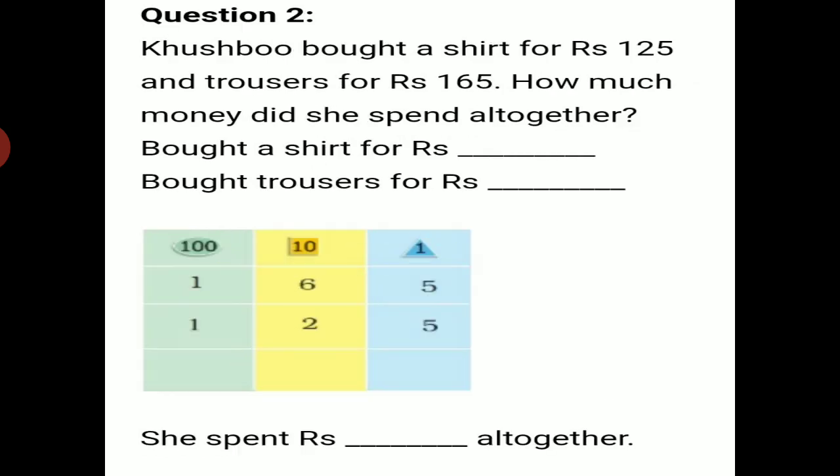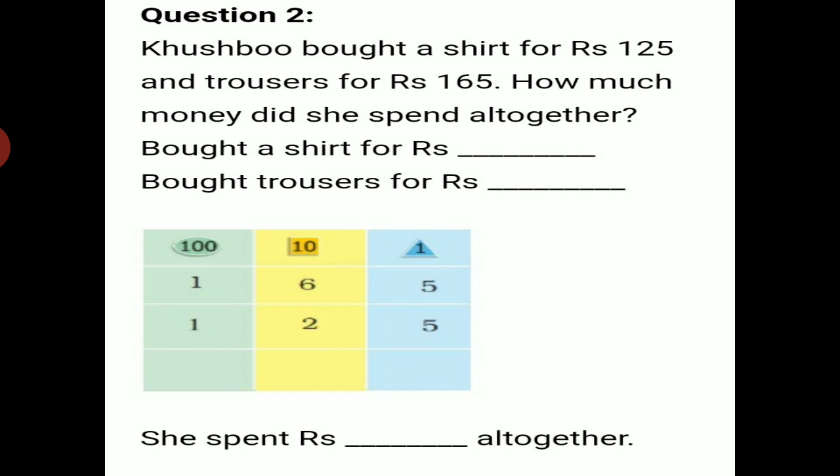Now next question. Khushbu bought a shirt for rupees 125 and a trouser for rupees 165. How much money did she spend altogether? First you have to write the cost of the shirt and then the cost of the trouser. Here you have to find the total cost, both the cost of the shirt and the trouser.